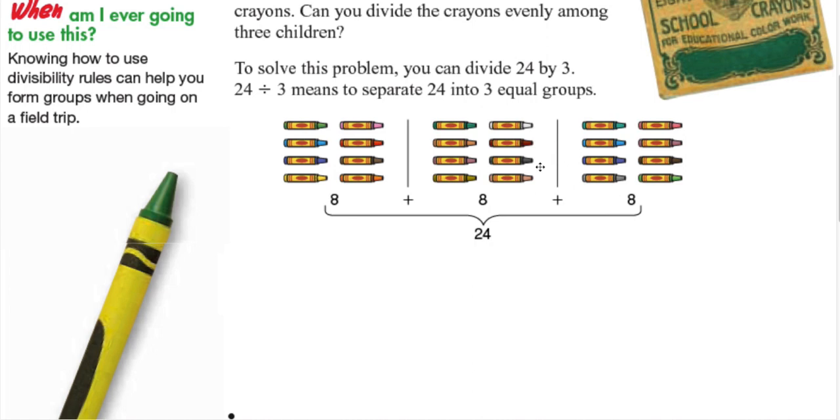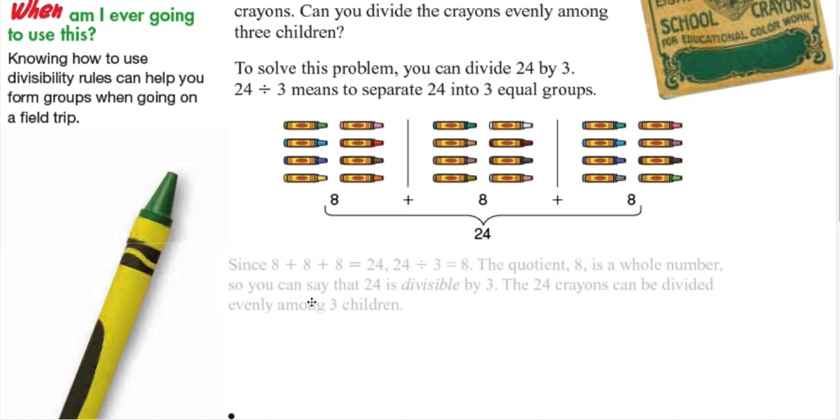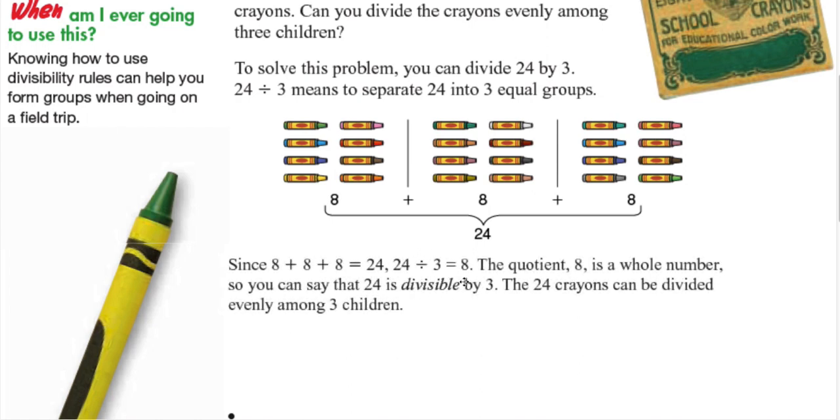Those are the 3 groups. Groups of 8 end up with 24. And since 8 plus 8 plus 8 equals 24, 24 divided by 3 is equal to 8. The quotient is a whole number, so you can say that 24 is divisible by 3. The crayons can be divided evenly among the 3 children.